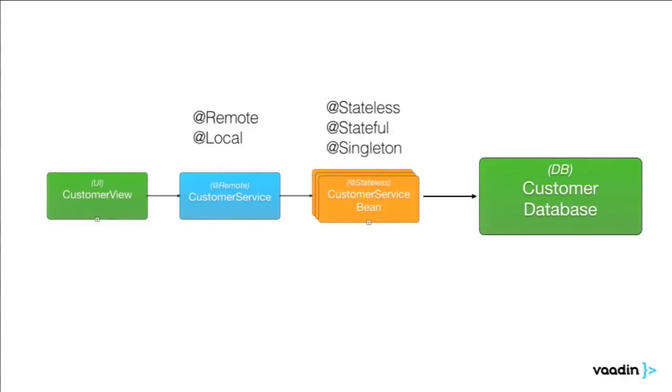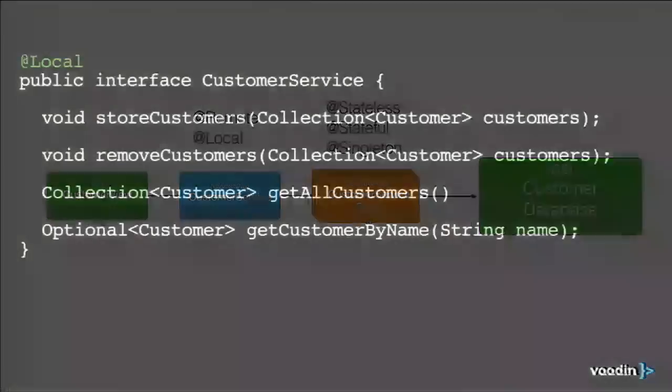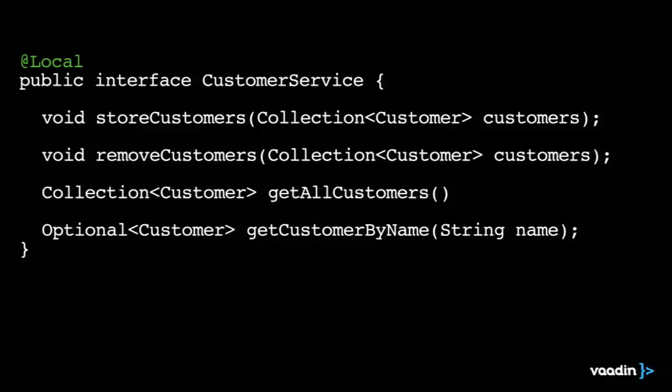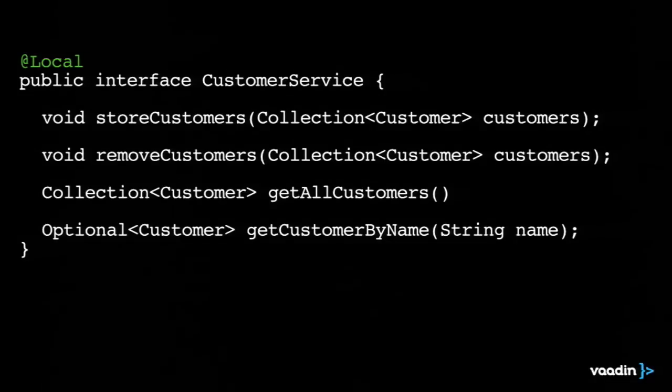And all of these services, no matter how they've been implemented, can then talk all the way back to the actual customer database layer on JPA. So this would be an example of a very simple local interface for customer service. Let's say that we want to store a collection of customers, remove a collection of customers, acquire all the customers, or find something by the name.